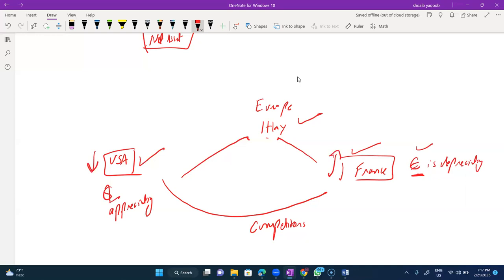This is economic risk. If this happens for a few days, that is okay. But if it happens for a longer period of time, that is called economic risk. If it happens only for one transaction, that is transaction risk.